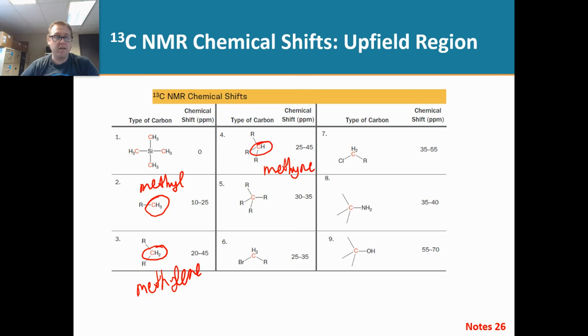There's our methine hydrogen. But we could also say, hey, those are a methyl carbon, a methylene carbon, and a methine carbon. I'm going to introduce a new one, and it's this guy right here. When you have a carbon attached to 4 alkyl groups, we call that a quat carbon.